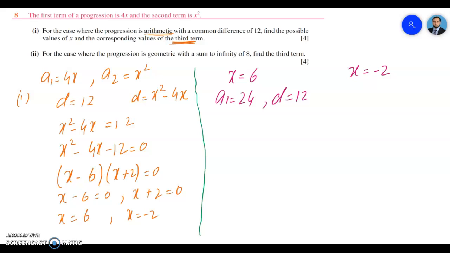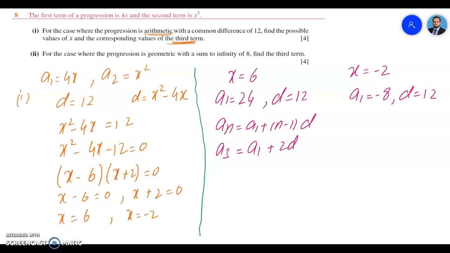And when x is negative 2, that means a1 is negative 8, and again d is 12. So we are looking for the third term, so an is equal to a1 plus n minus 1 times the common difference. So a3 must be equal to a1 plus 2 times d. So a3 is equal to 24 plus 2 times 12, which means a3 is equal to 48.